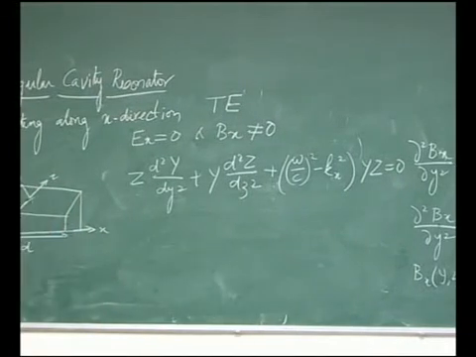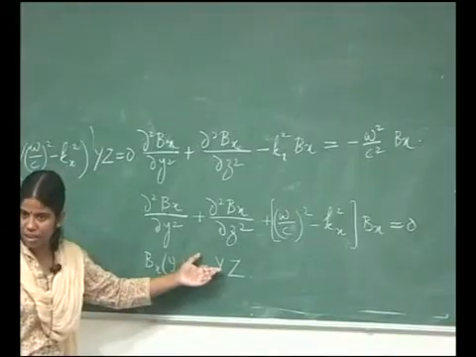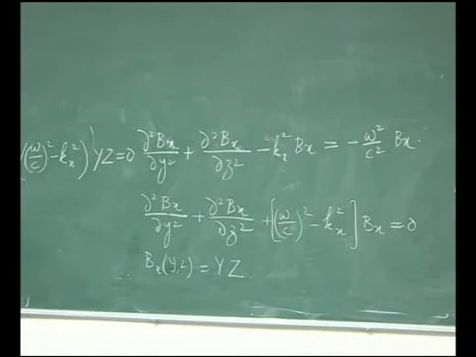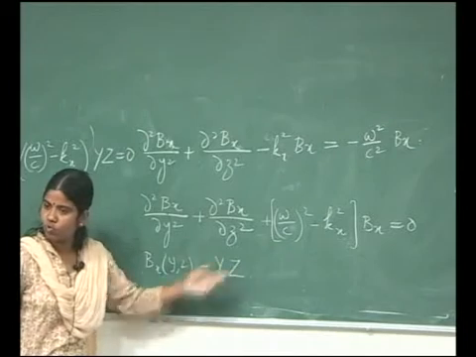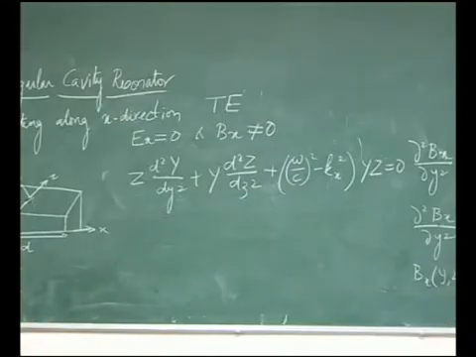This Y and Z just show that Y is only a function of the y coordinate, and Z is another function which is only a function of the z coordinate, but Bx is the product of these two functions, okay. So, we get a definite differential equation here, right.